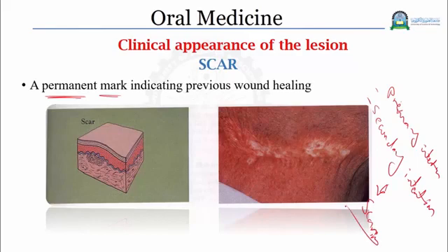Healing by secondary intention means there is no intimate contact between the borders of the wound, so the healing process is completed by secondary intention, leading to scarring as in this clinical appearance. This is the scar, a permanent mark indicating previous wound healing.